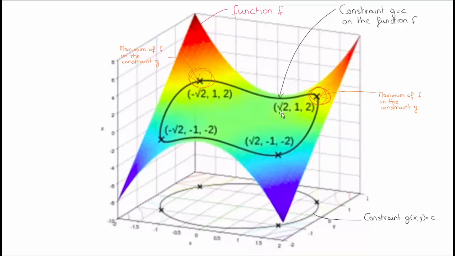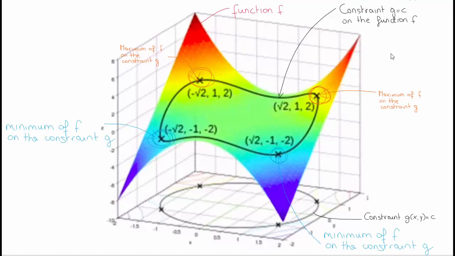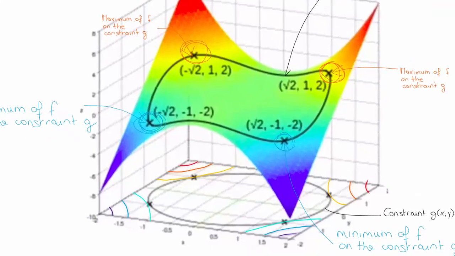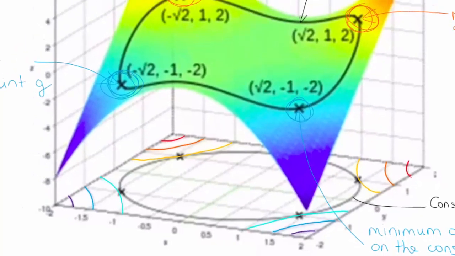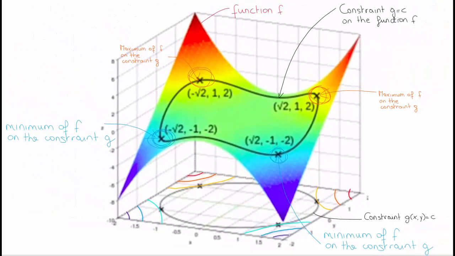So for values root 2, 1, 2 and negative root 2, 1, 2. And we can see the minimums of f on the constraint g here and here. Now I've added the level curves, or sometimes called the contour lines of f, using different colors to show the direction of steepest ascent of f.